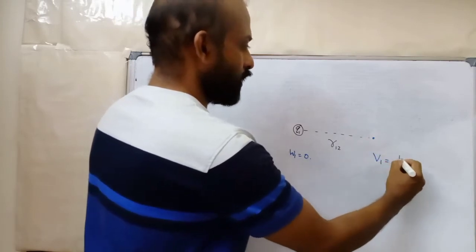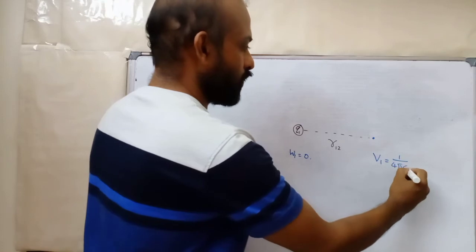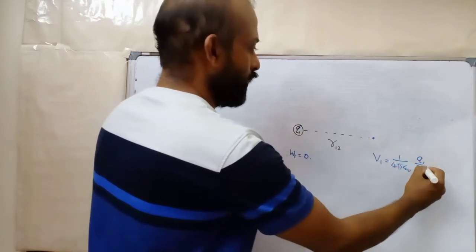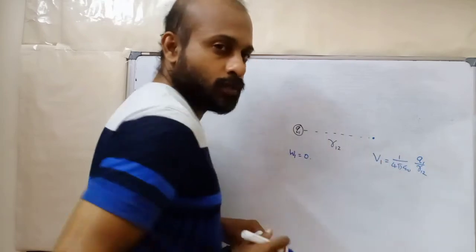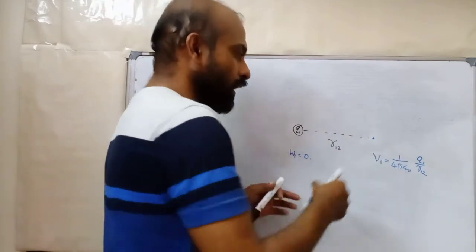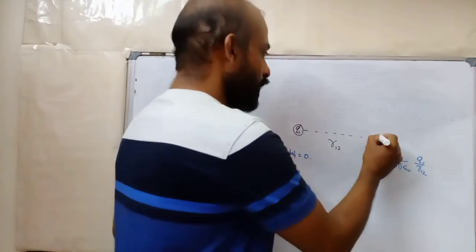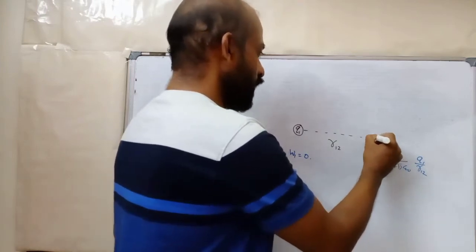What is the electric potential? 1 by 4 pi epsilon 0 Q1 by R12. This point has a potential. At this point having a potential V1, I am bringing another charge having a value Q2.